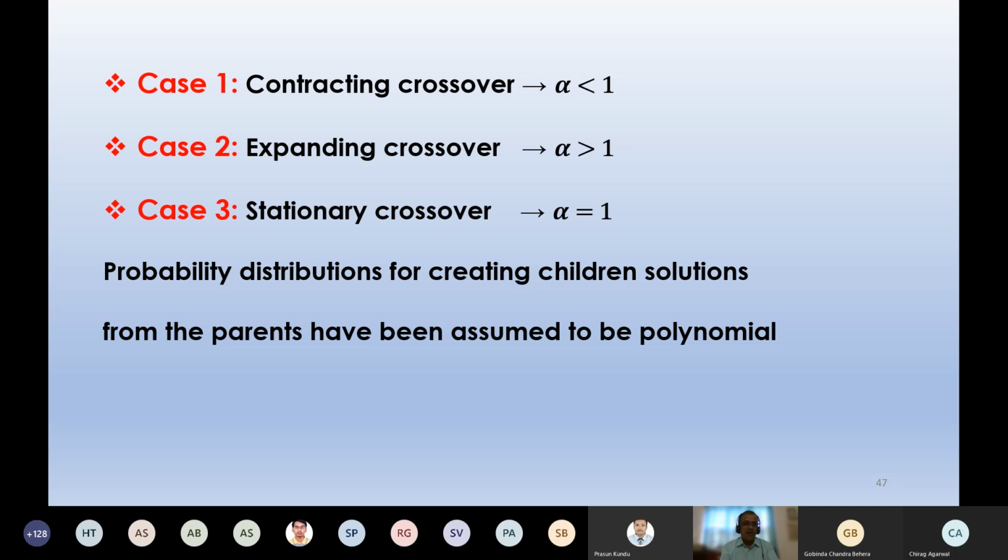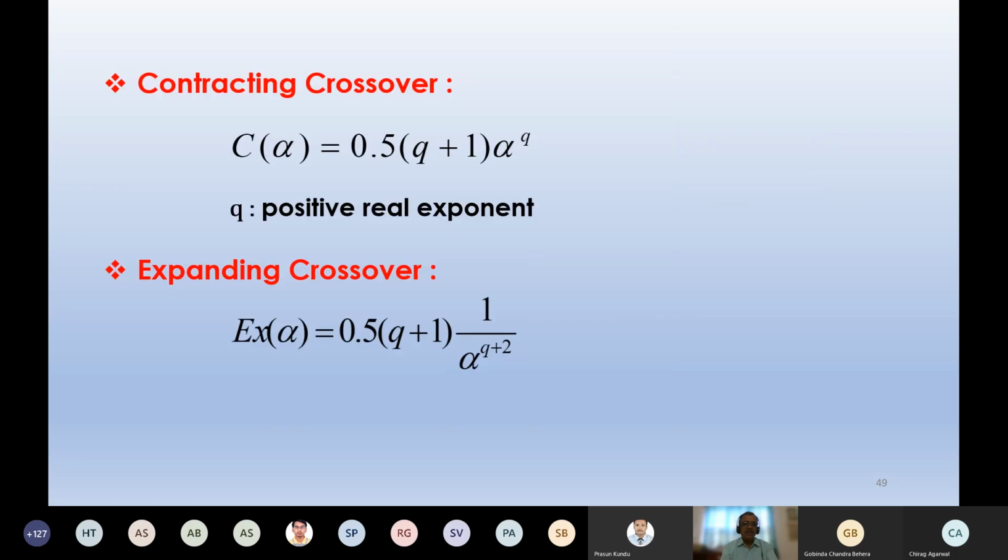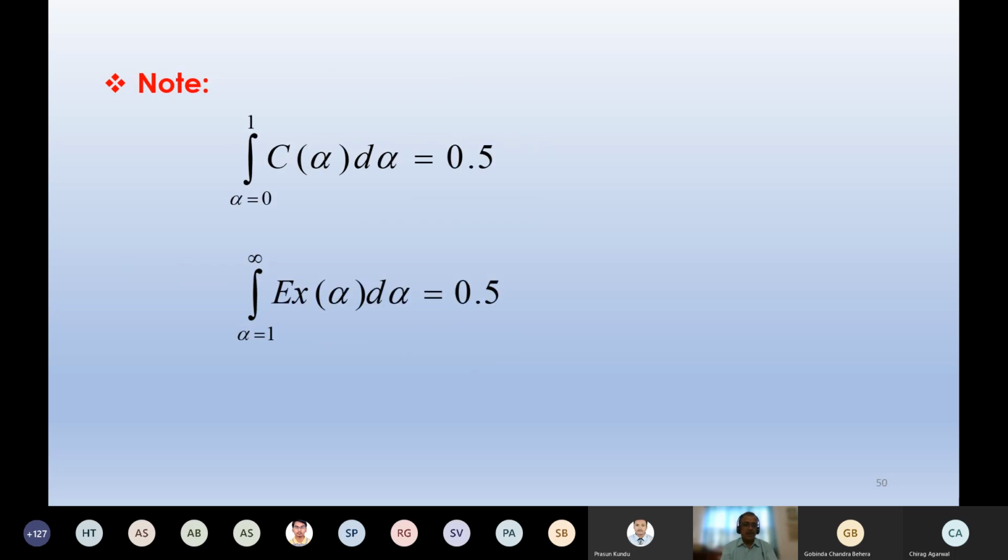Now, how to determine the children solutions from the given parents? Before I discuss this plot of the polynomial probability distribution, let me first concentrate on the mathematical expression which was proposed for the contracting zone and the expanding zone. Then I'll be coming back to this plot.